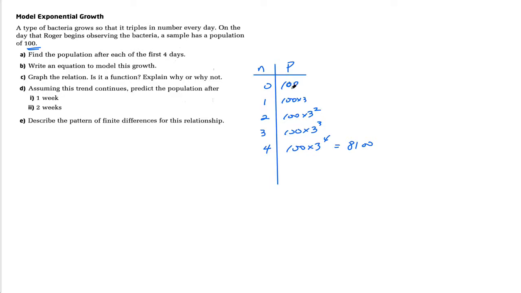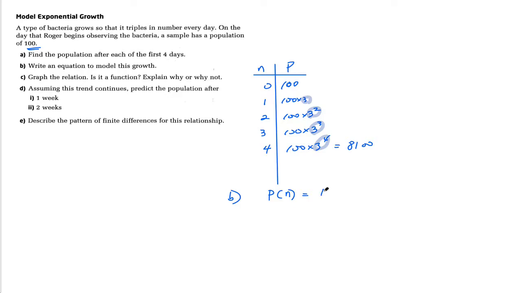What's important is that I did this on purpose. I didn't evaluate, I just wrote the pattern out, because we need to use that to form an equation. So, write an equation, part B. The population is dependent on n. It's a function of n, where n is the number of days.